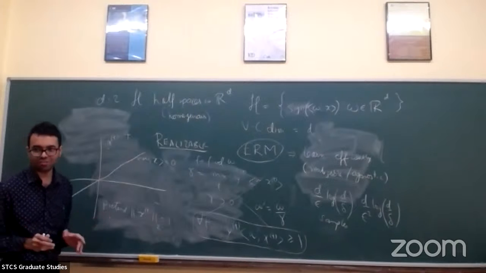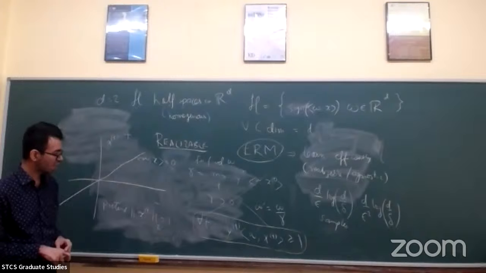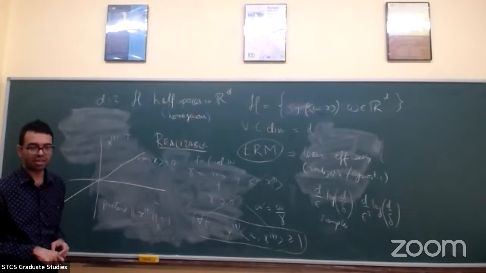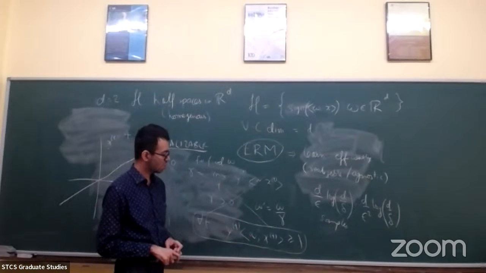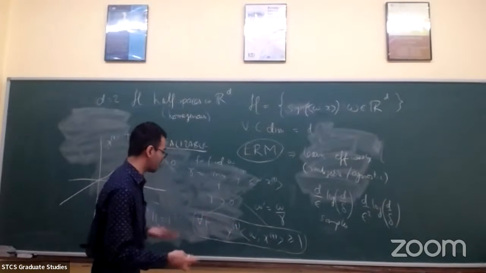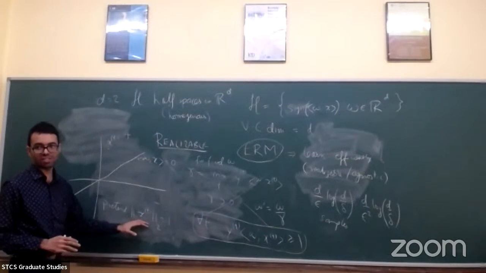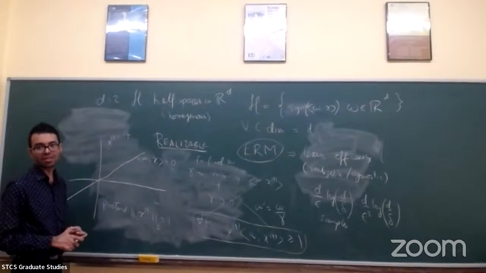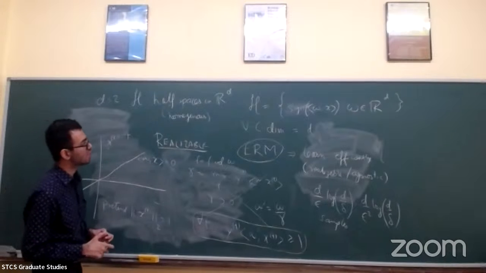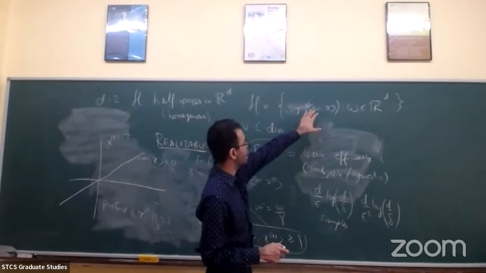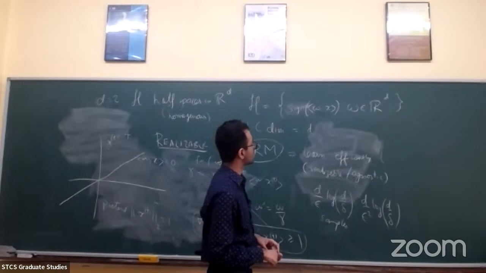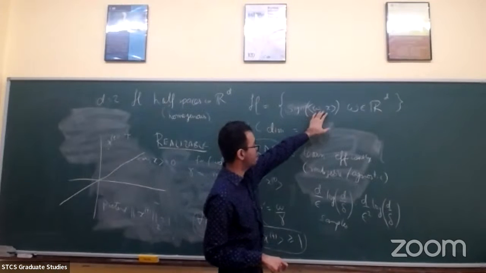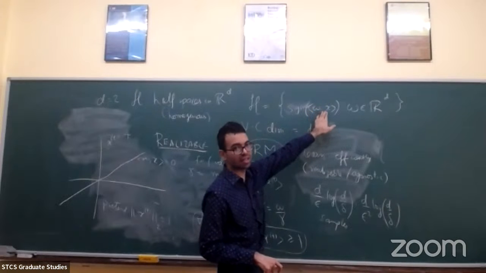By the way, just for another cute observation, I claim that I can always pretend that my XTs are normalized. This is always okay. Why? Because remember, my goal here is to look at the sign of the inner product of W and X. So even if I normalize either W or X, the sign does not change.